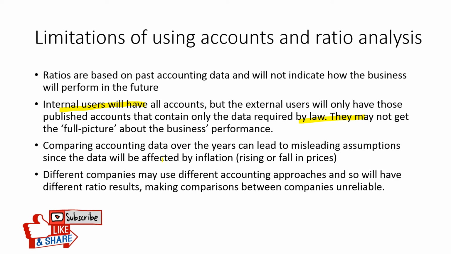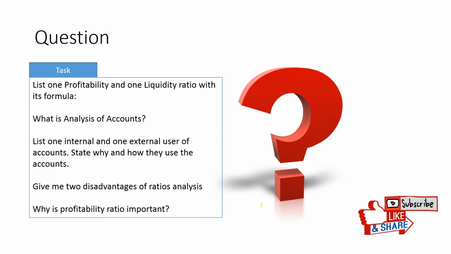Comparing accounting data over the years can lead to misleading assumptions, since the data will not be adjusted for inflation, so rising or falling prices. Different companies may use different accounting approaches and so will have different ratio results, making comparisons between companies unreliable.